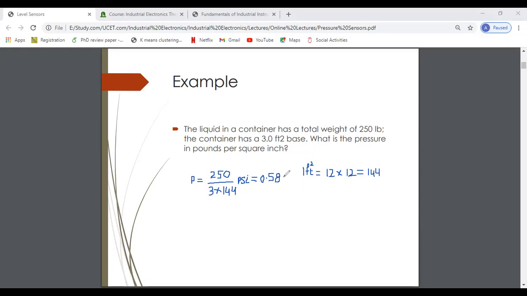So this is the way that we can calculate the pressure of the liquid in a container according to the area of the base.